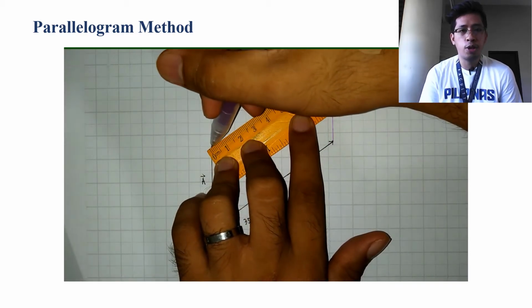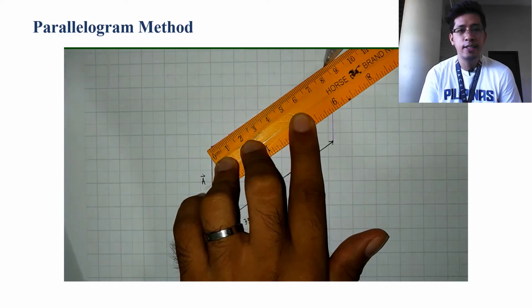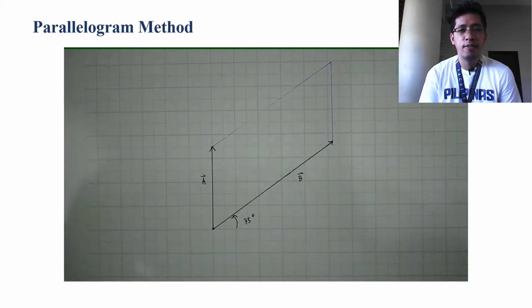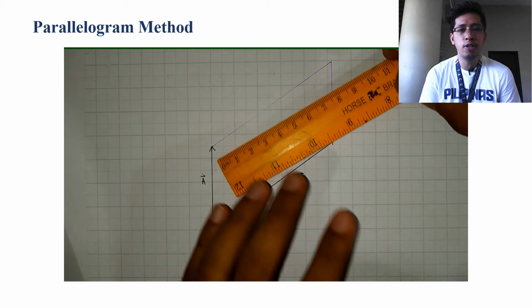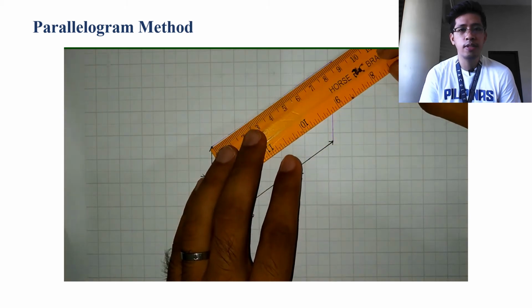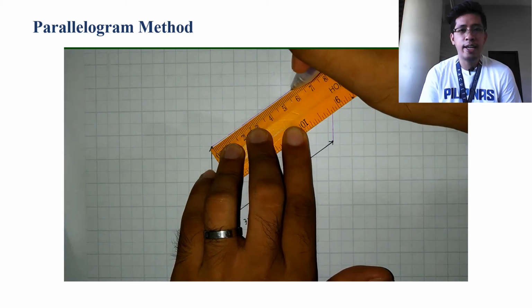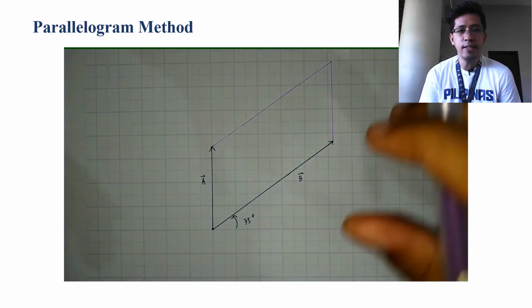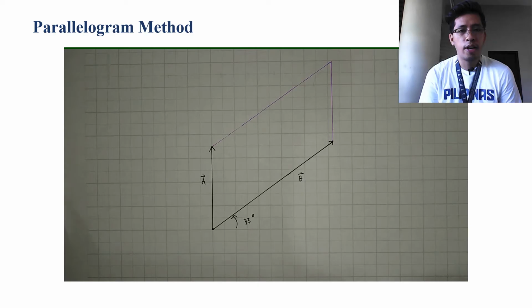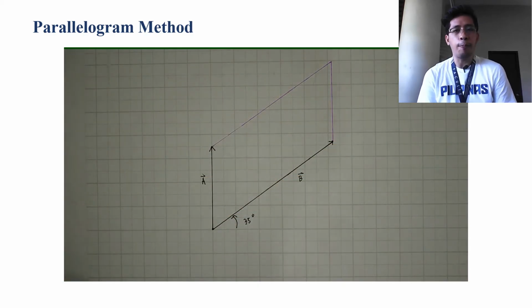And we're also going to draw a parallel line to your vector B of the same length, the same direction. So those violet lines there are the parallel lines of your vector A and then your vector B. And then we have already formed a parallelogram.